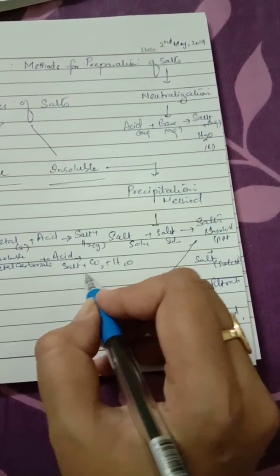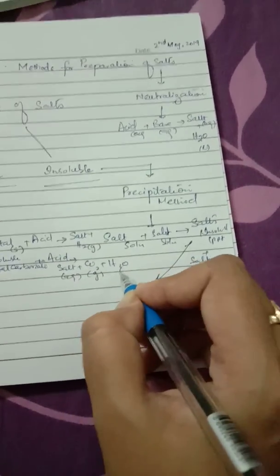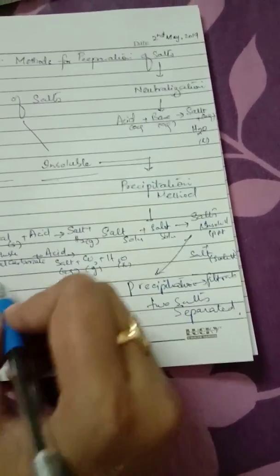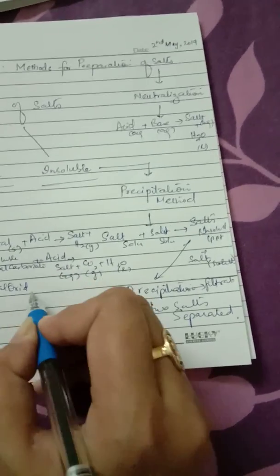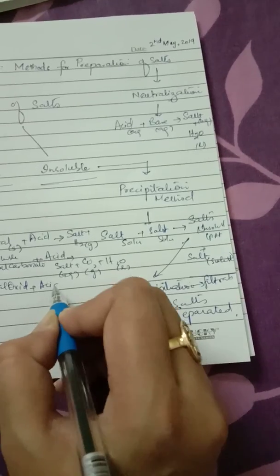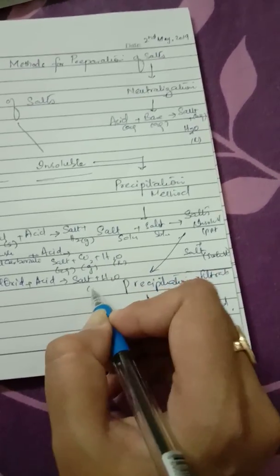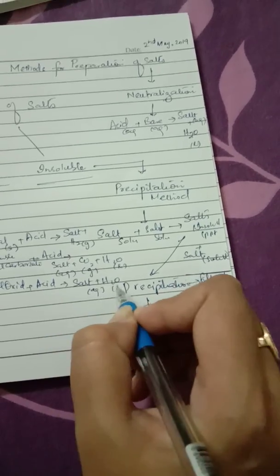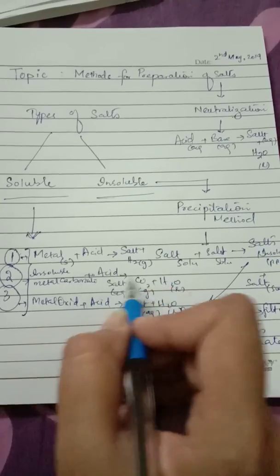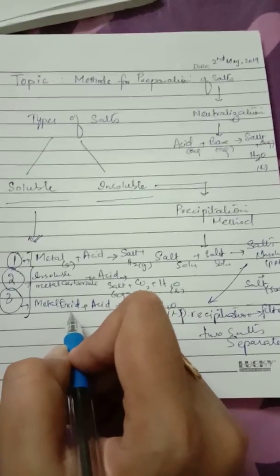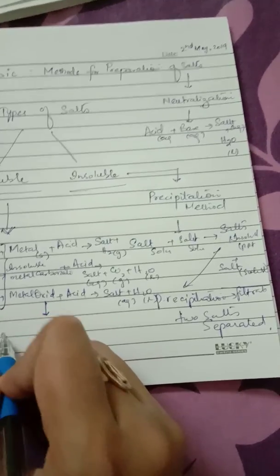The salt is in aqueous form, the carbon dioxide is gaseous, and the water is liquid. Then another is a metal oxide, which reacts with an acid, and we get salt plus water. These are the three methods which follow the same techniques.